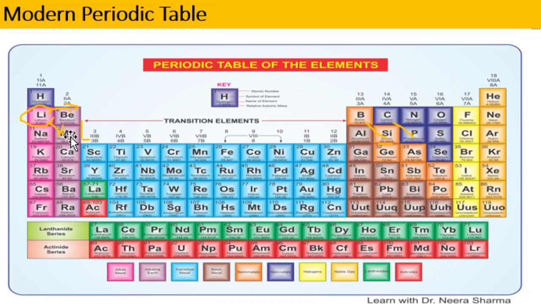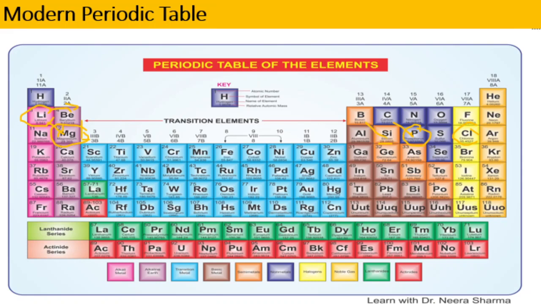We have magnesium in the third period, and then phosphorus and chlorine. So we are going from left to right in a period, and as we go from left to right, atomic size decreases. So the least size would be that of chlorine, and the maximum size would be that of magnesium.